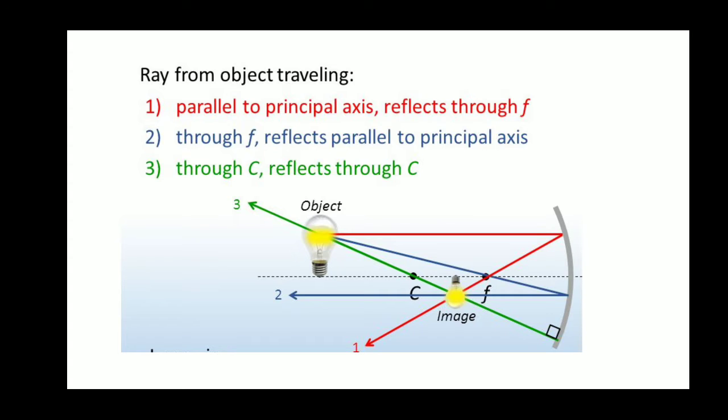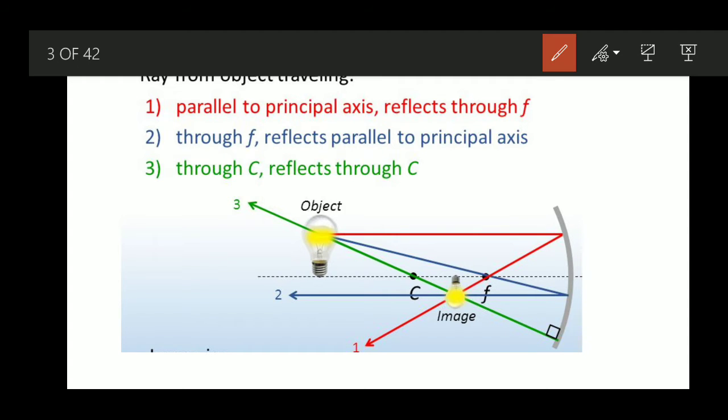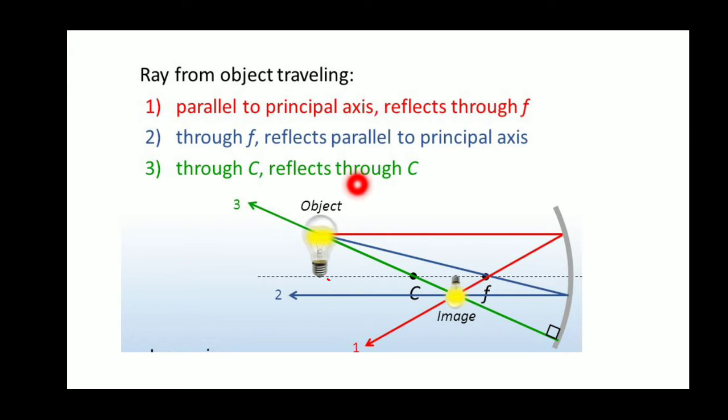Have you remembered these rules for the rays, how the incident ray and reflected ray behave in the case of a mirror? Can you recall? The first one, the red ray, is the incident ray parallel to the principal axis; the reflected ray passes through the focus.